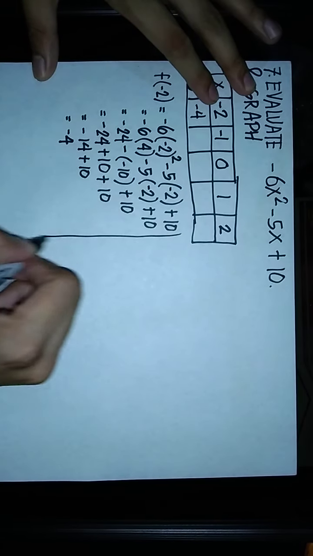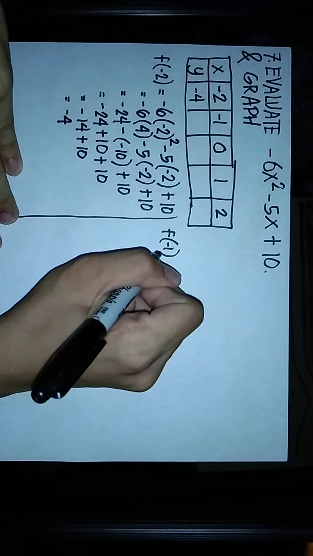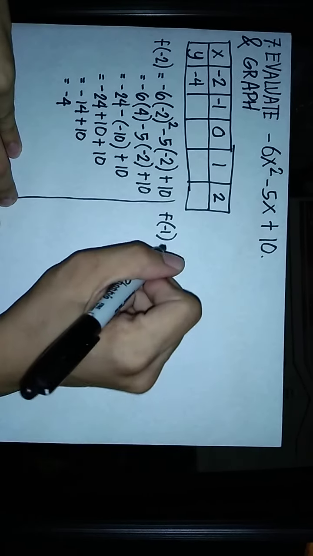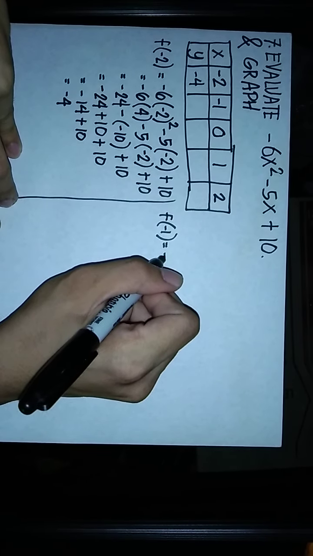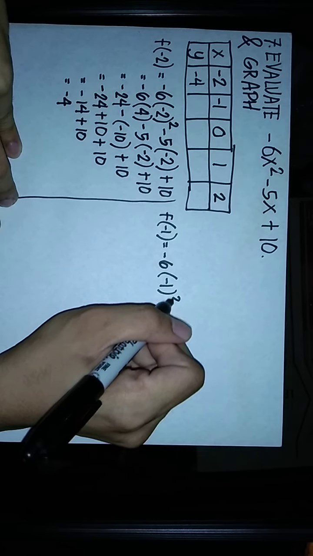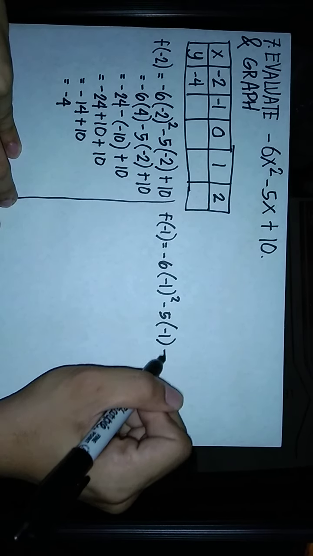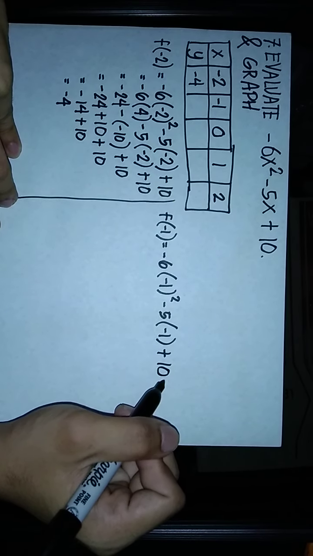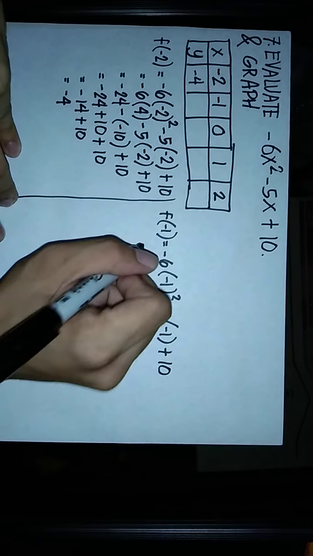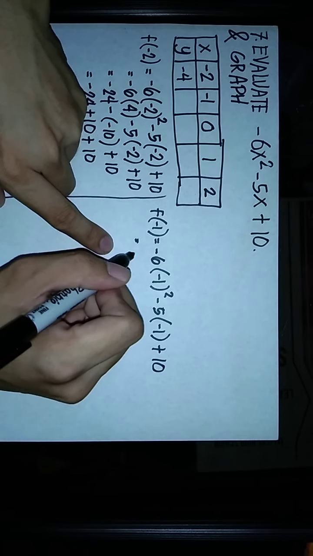Okay, let's have f of negative 1. So, sa f of negative 1 natin, we will have negative 6 times negative 1 squared minus 5 times negative 1 plus 10. So, we will have, i-open parenthesis ulit tayo, exponent muna.